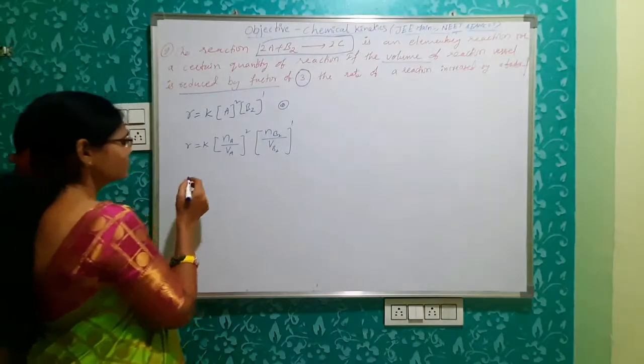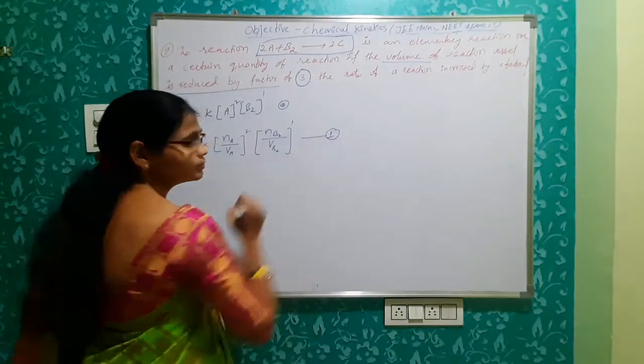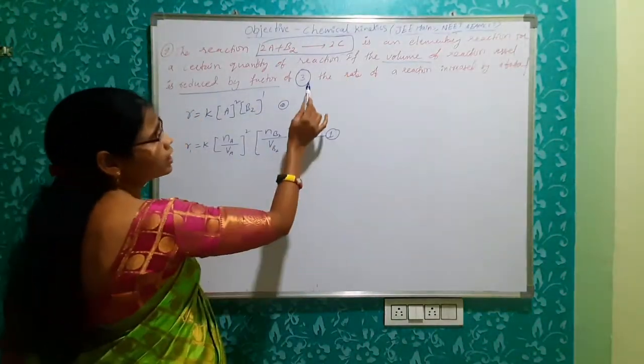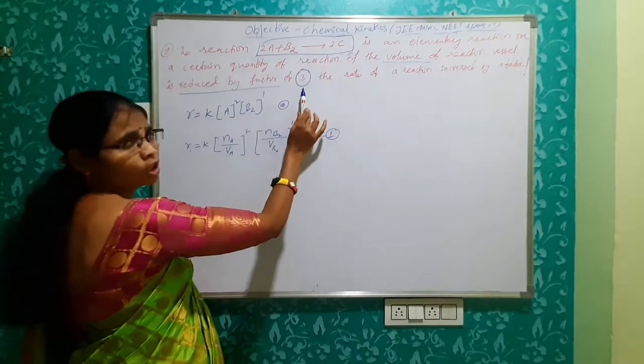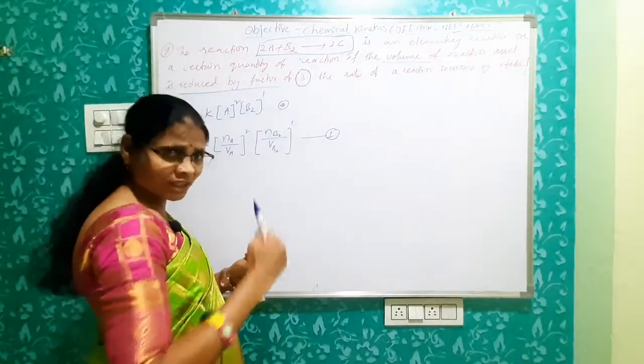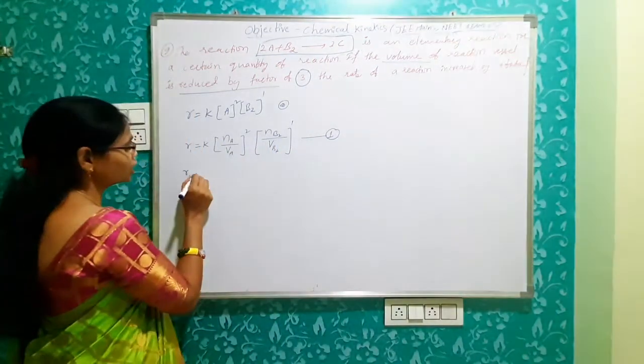Now this is R1, so this equation is taken as 1. This is the initial condition, but after the volume of the vessel is reduced by 3 times, reduced meaning decreased, here you can take R2, the second condition.